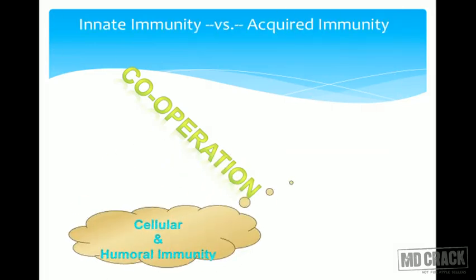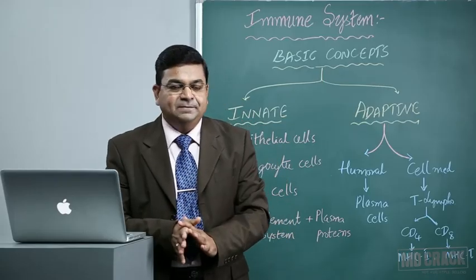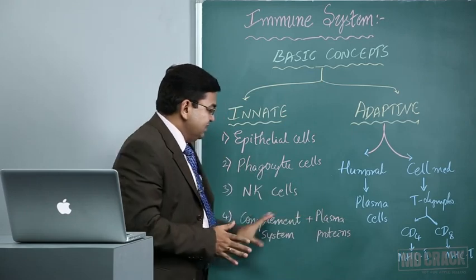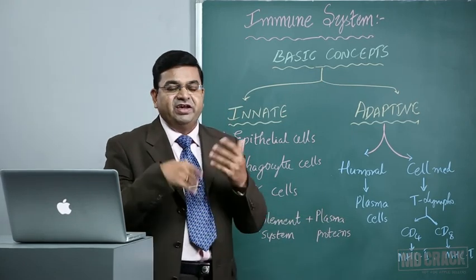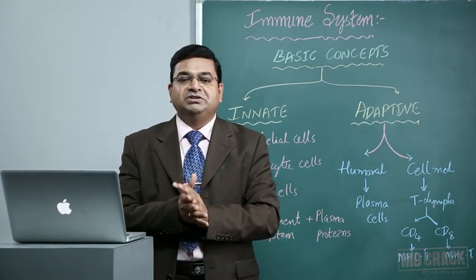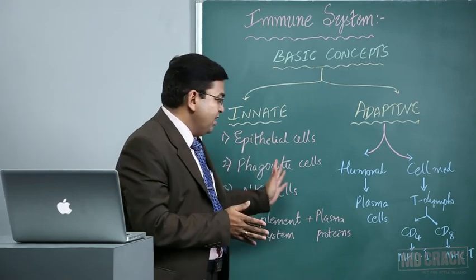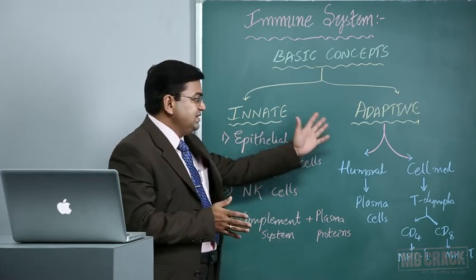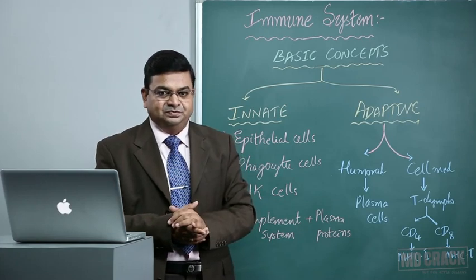My dear friends, at the end, you should remember that this particular classification, that the immune system is classified under two headings, innate and adaptive, is only for learning purposes. But in reality, all these cells are dependent on each other for their effective function. There is a kind of cooperation that exists between the different components of the innate immune system as well as the adaptive immune system.